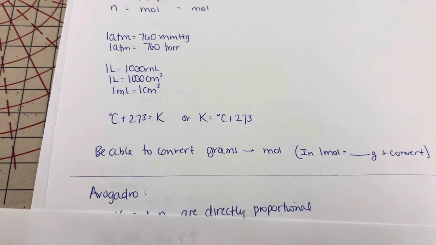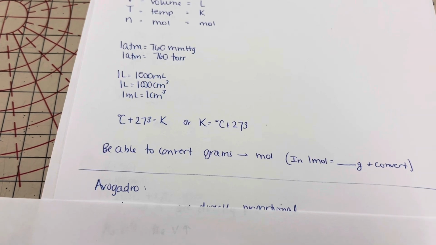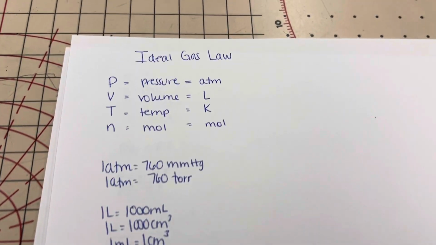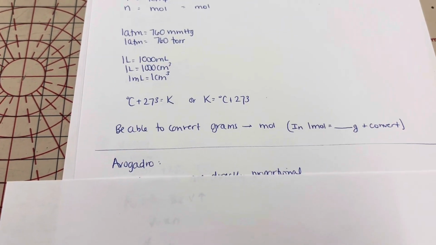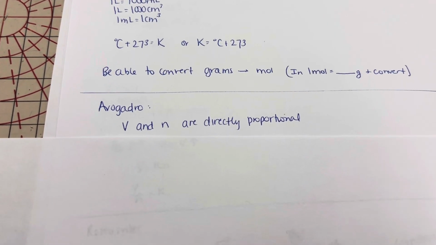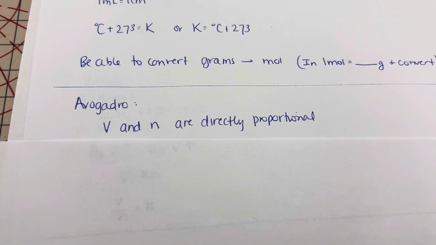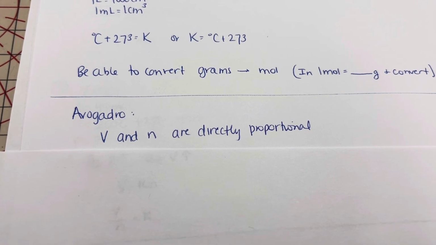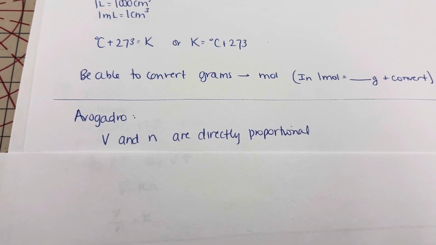So let's begin. In order to write the ideal gas law formula, we have to introduce Avogadro's concept about volume and moles. He basically says that volume and moles are directly proportional when dealing with a gas.